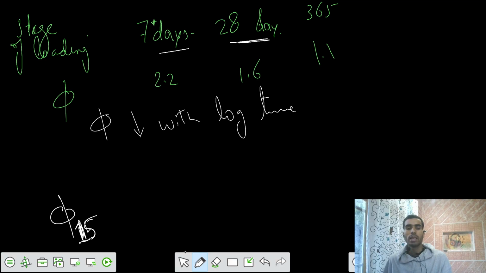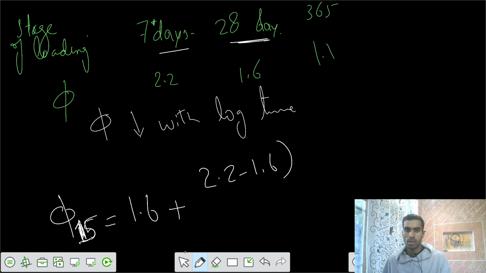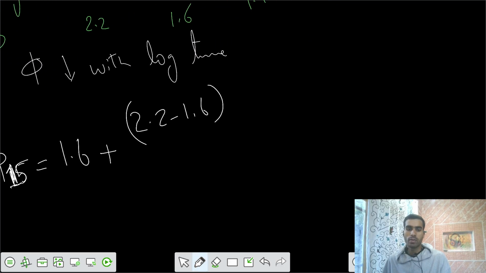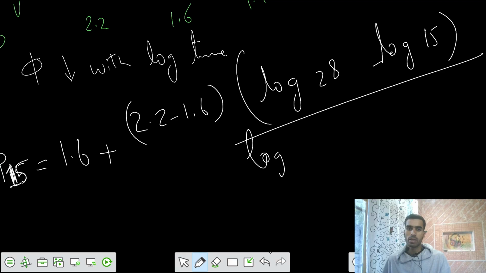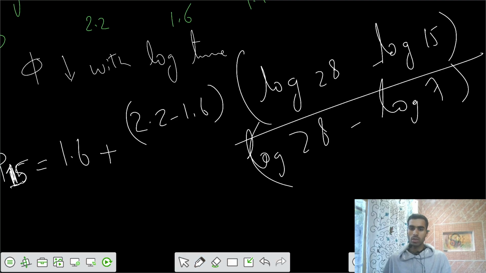It equals 1.6 plus (2.2 minus 1.6) times (log 28 minus log 15), divided by (log 28 minus log 7). This is the equation we have.